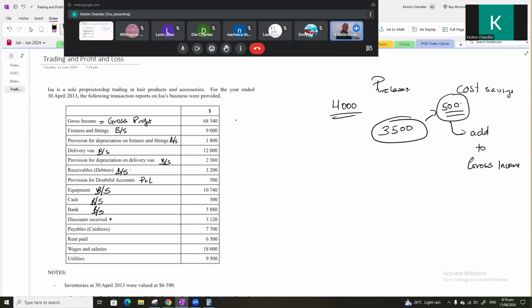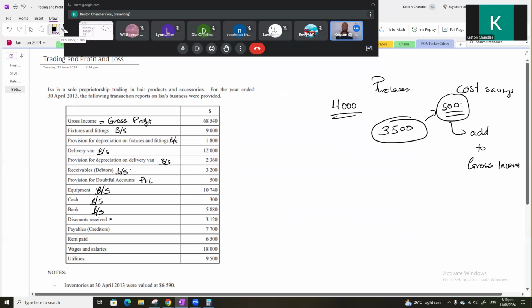So if the opposite happens for us, and we were supposed to pay $200 and pay $150, then that's a form of earnings or savings for us. So we add it to our gross profit or gross income, as opposed to subtracting it as we would when we allow a discount and cause expense to ourselves. Everybody understand now? Yeah?